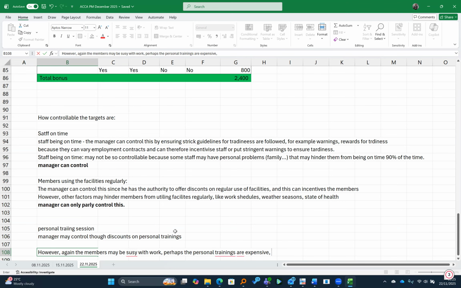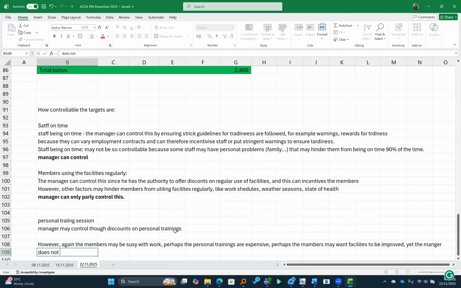So perhaps the members may want facilities to be improved, yet the manager cannot or does not have control over capital investments.